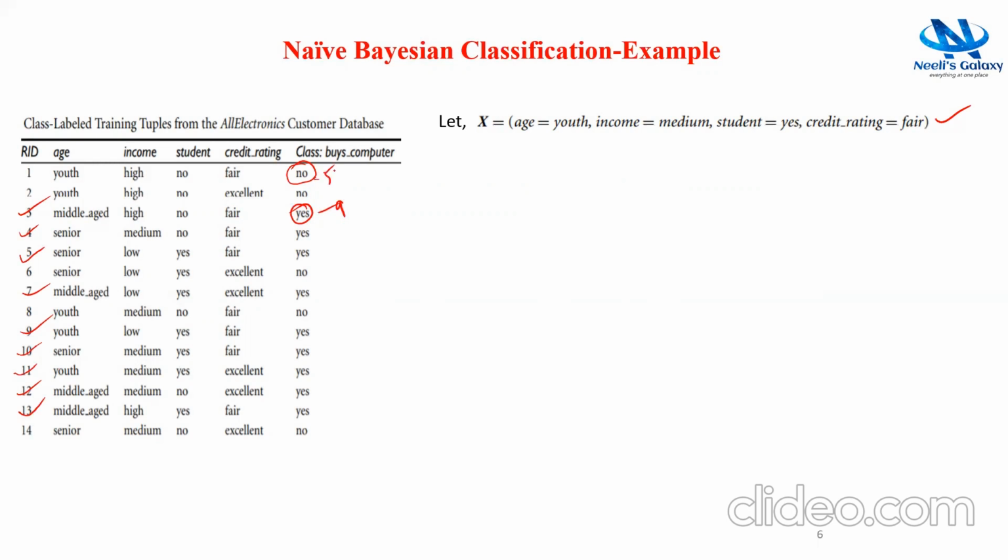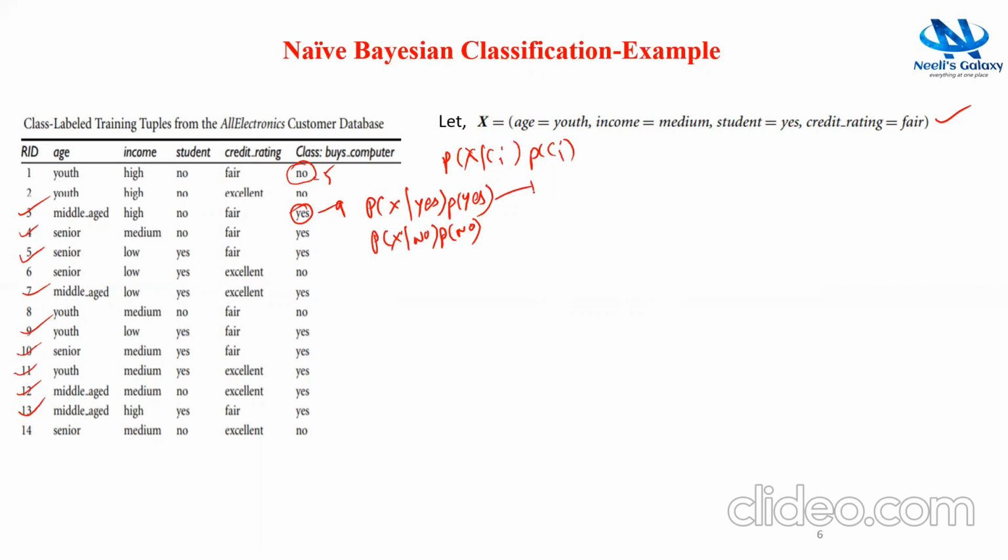Since there are two classes, according to the Naive Bayes classifier we need to maximize P(X|Ci) P(Ci). Since we have two classes, we need to find out P(X|yes) and P(yes), and P(X|no), the other class, and P(no).